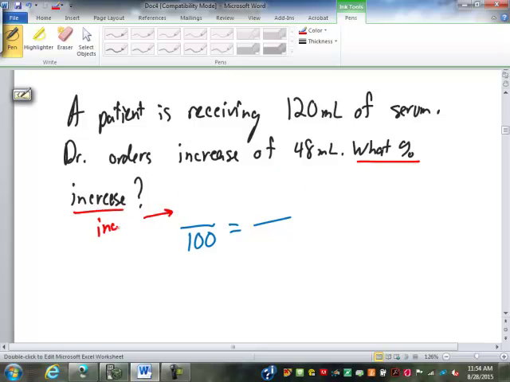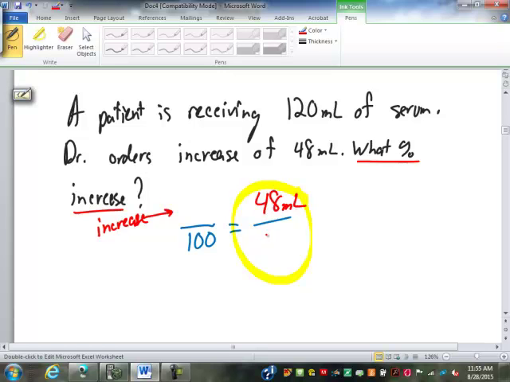That represents the increase. On the other side, we're going to have numbers. Not percents, but the numbers. A measurement. Milliliters, dollars, something. So of the other numbers, what other number also represents the amount of the increase? The 48 milliliters.